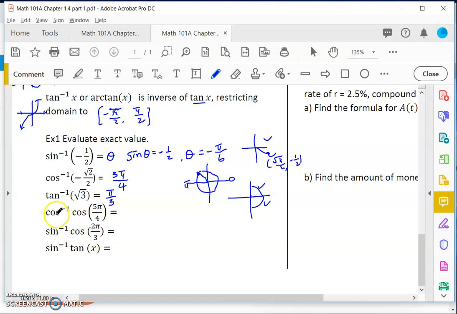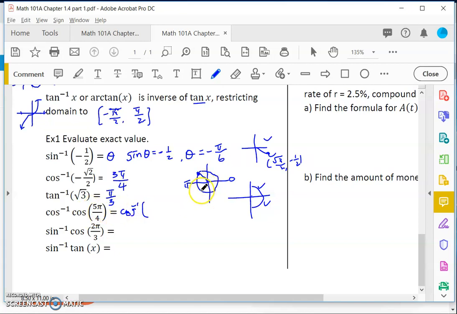Usually when we see a cosine and a cosine inverse, they cancel, right? But not in this case, because cosine inverse only restricts the range to 0 to pi, and 5 pi over 4 is not from 0 to pi, so we have to actually do it. We would do cosine 5 pi over 4 first.